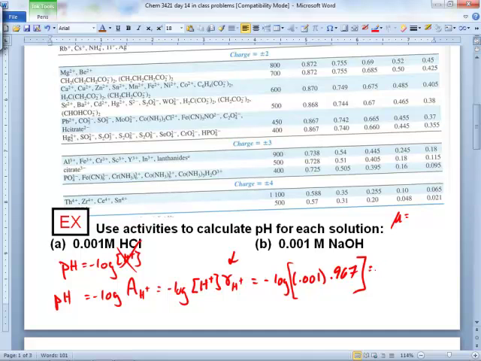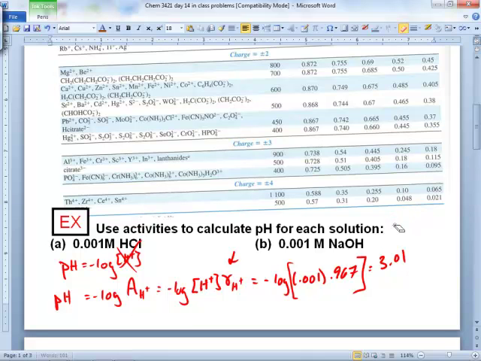And really, to make sense out of this, carry digits, don't round to 3, say 3.01, because they're going to want you to calculate pH with activities and without activities. If you round this to 3, you're not going to see any difference. So you want to carry some digits there. But they're not asking that. They're just asking to use activities.